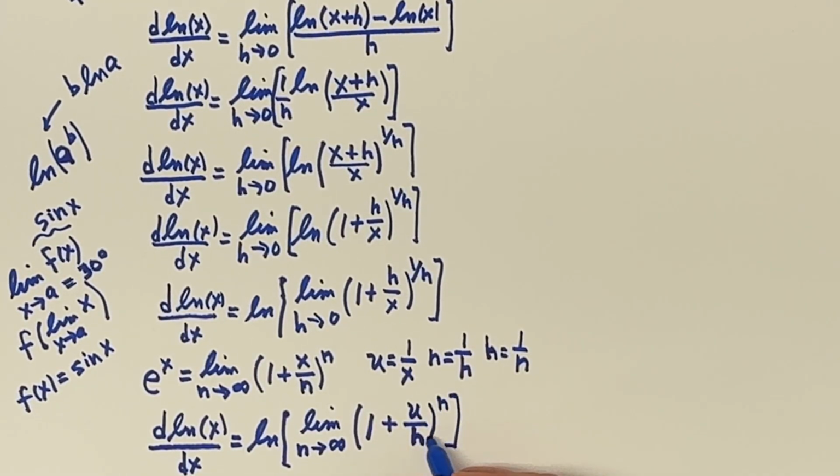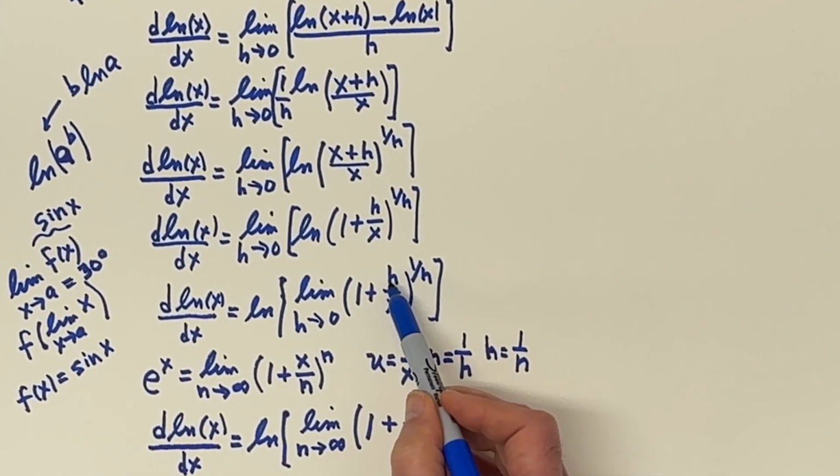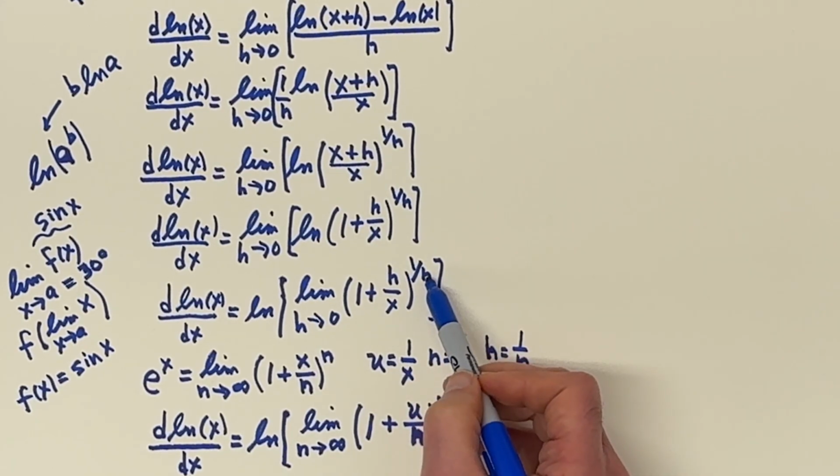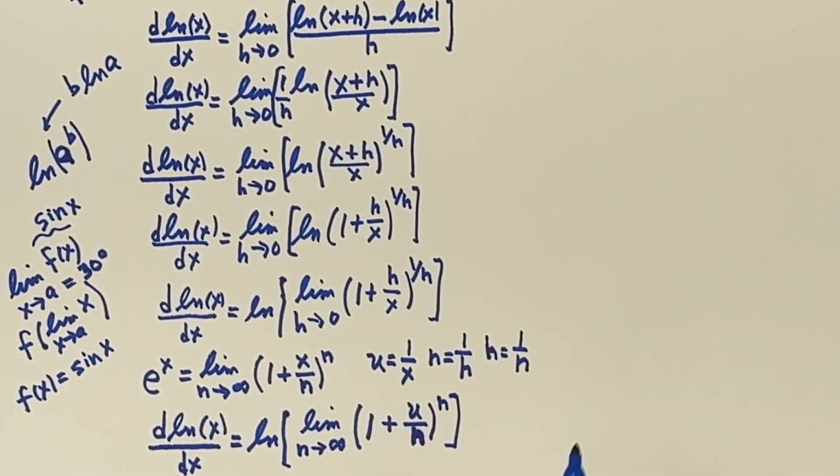Let's look at that one more time. h is going to be 1 over n. So there's the 1 over n. 1 over x is u. And then 1 over h is n.